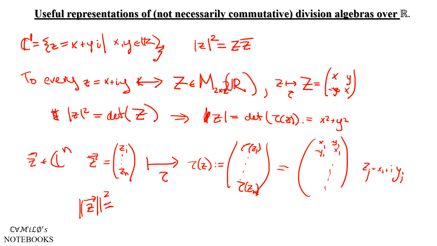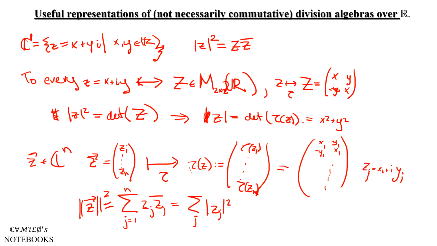The norm of z squared is the norm of the components, so we could write this as the sum from j equals 1 to n of zj zj bar. The norm will be preserved under the embedding of tau, allowing for the algebra representation.